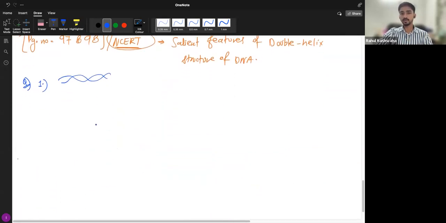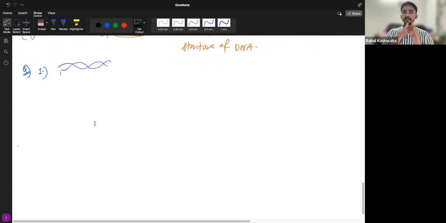So a nucleotide is a monomer. DNA is nothing but a very long molecule of these monomers attached to each other, like a chain, like the chains that we see in real life.